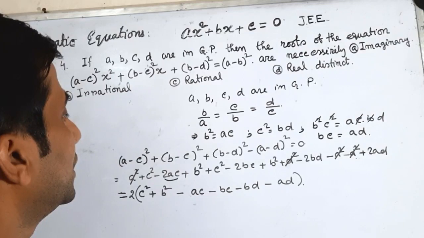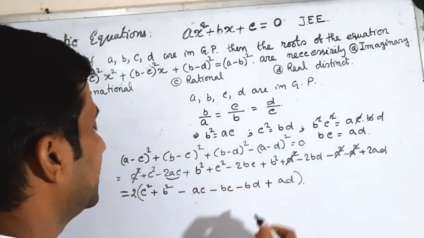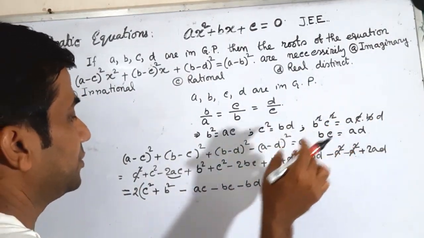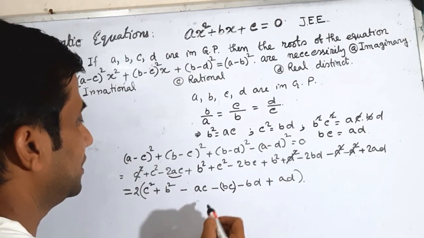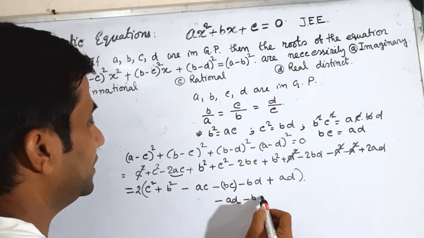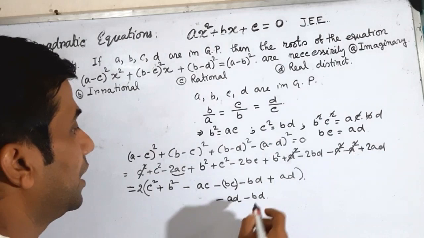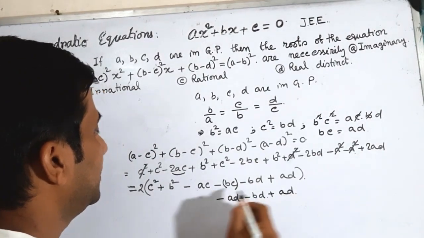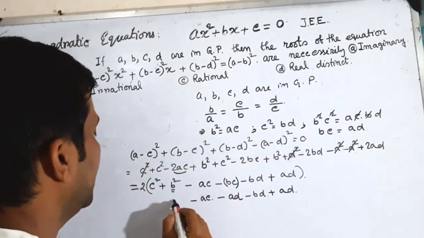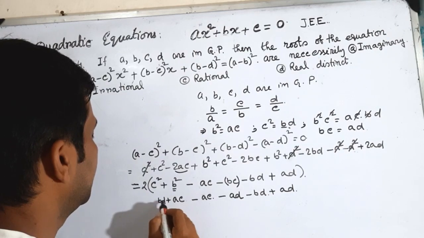Now you know that bc is equal to ad. That means this is equal to ad minus bd plus ad minus ac, and b square means ac, c square means bd plus bd.